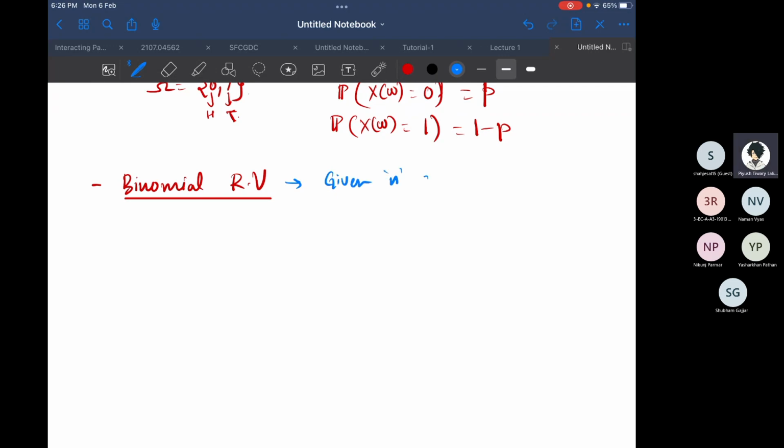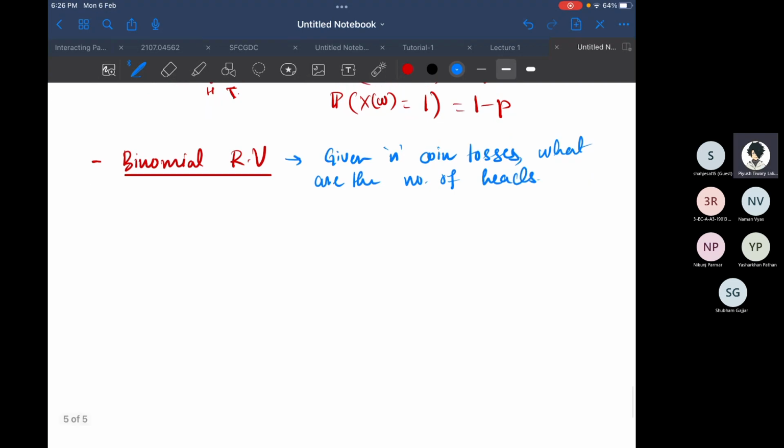Given n coin tosses, what is the number of heads that you observe?